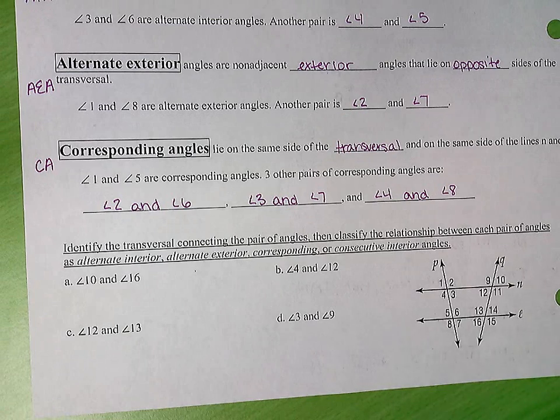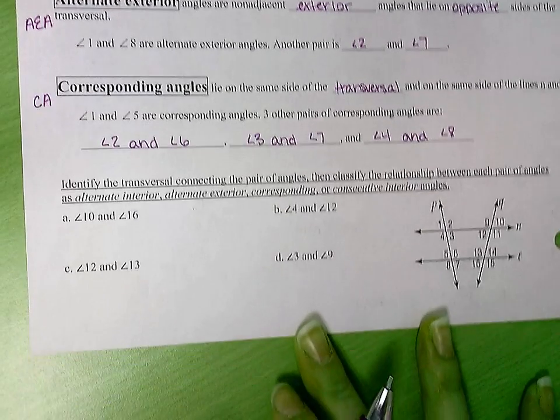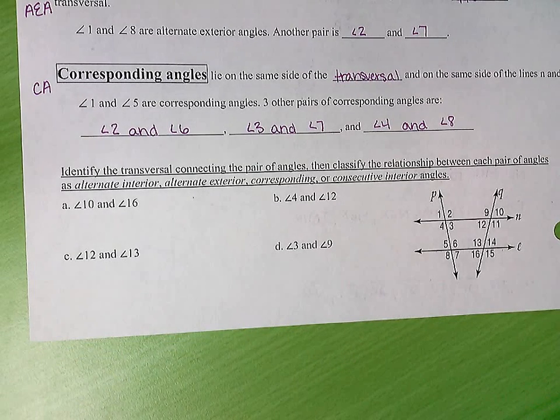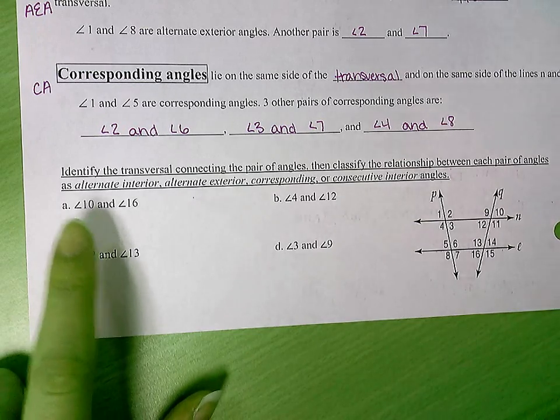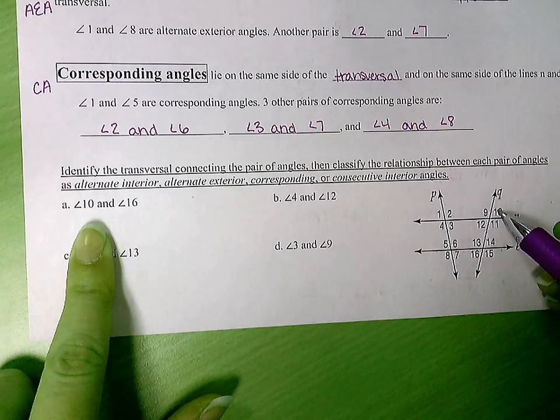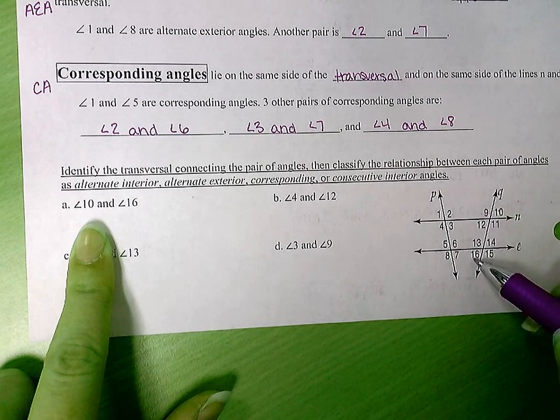All right, so bottom examples here. We want to identify the transversal connecting the pair of angles, so we have to identify which line is our transversal. Then classify the relationship between each pair of angles as alternate interior, exterior, corresponding, or consecutive interior. Is the first one alternate exterior? Yes. So letter A, we have angle 10 and angle 16.